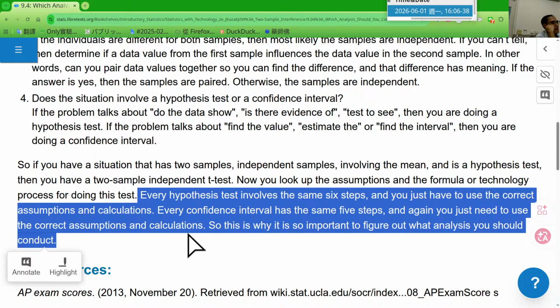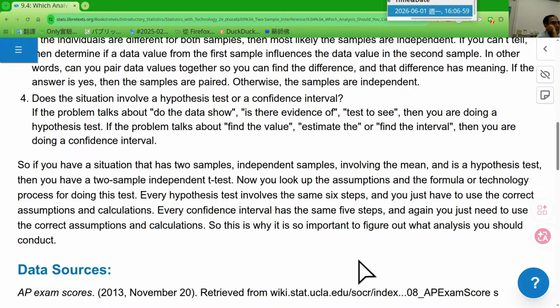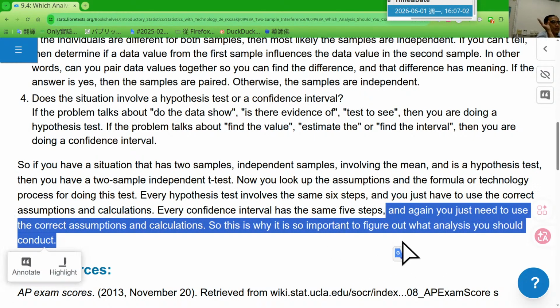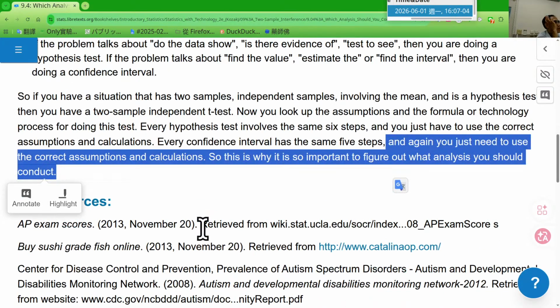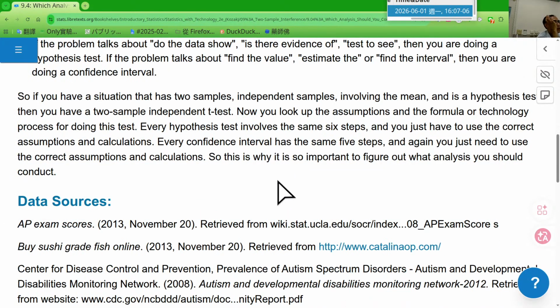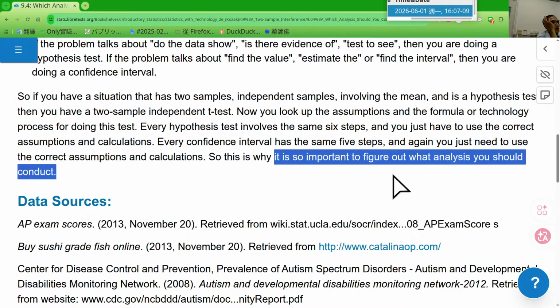Every hypothesis test involves the same 6 steps: setting the variables and checking the assumptions, stating the null hypothesis and alternative hypothesis, calculating and stating the p-value, and concluding whether it is significantly different or not. And again, you just need to use the correct assumptions and calculations. So this is why it is so important to figure out what analysis you should conduct.